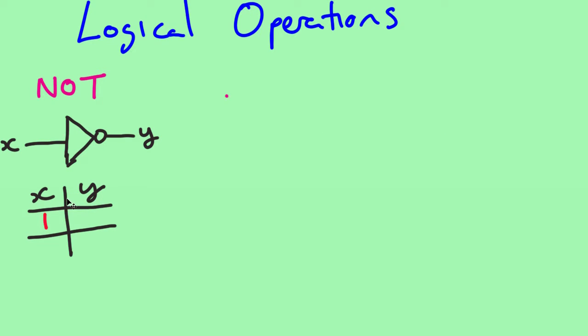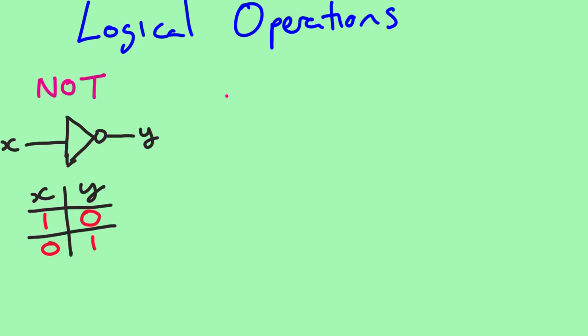If X is a high or a 1 going in, then we get a 0 out. Whereas if X is a low or a 0 coming in, then we get a 1 coming out. So you can see that it's inverting the signal.